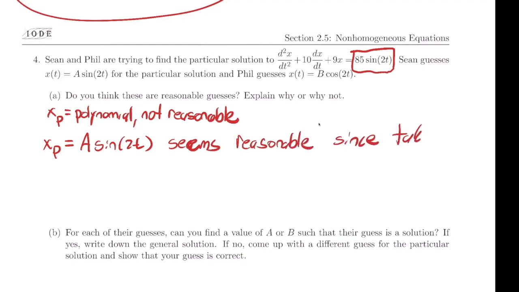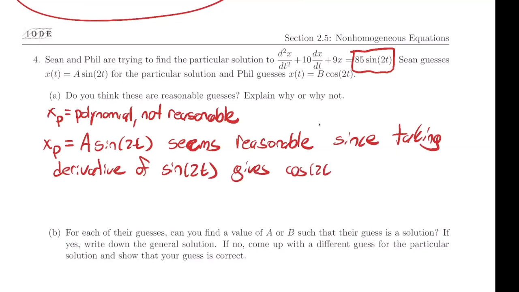Right, since taking the derivative of sine gives me cosines and sines back. So if I have a sine of 2t on the right side, it makes sense that I might try and plug sine of 2t in on the left side.